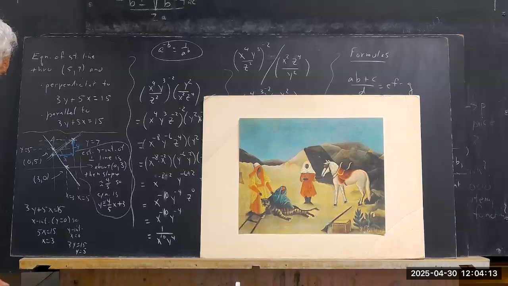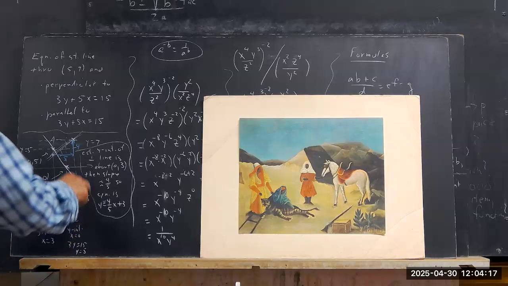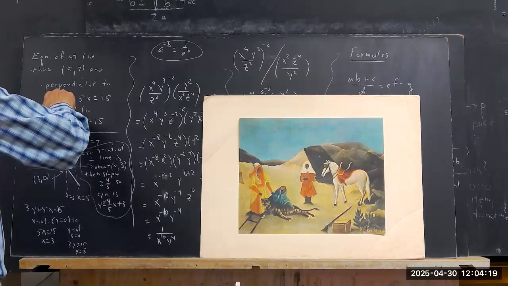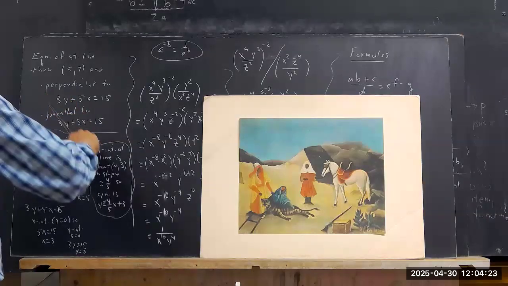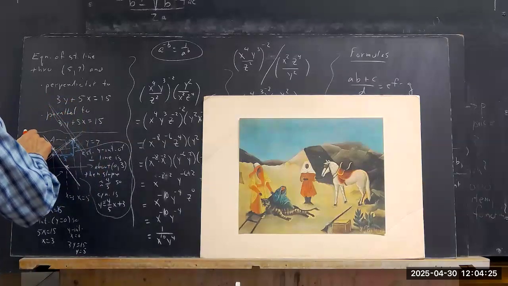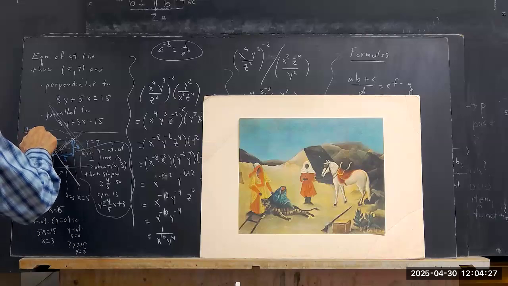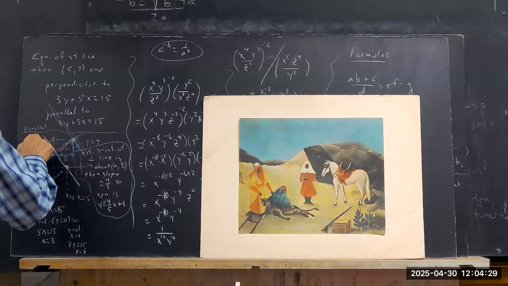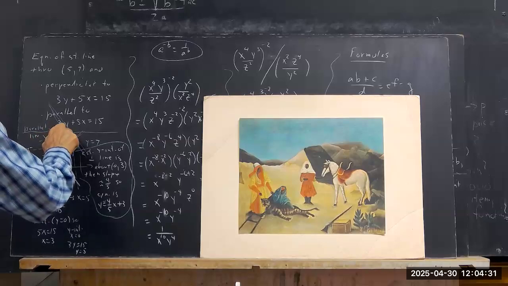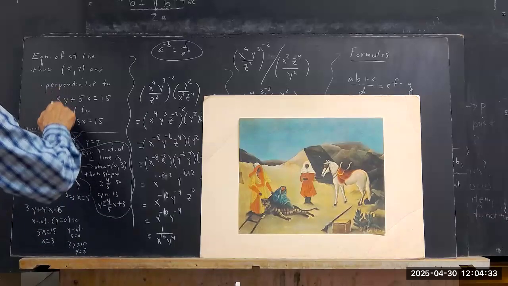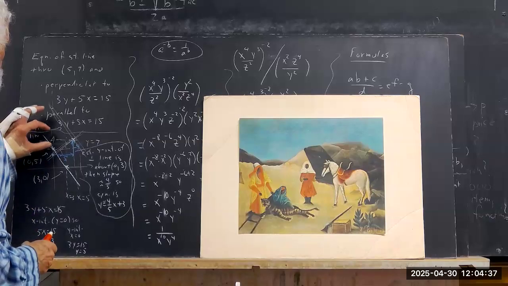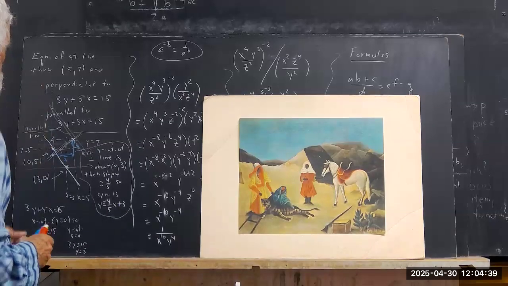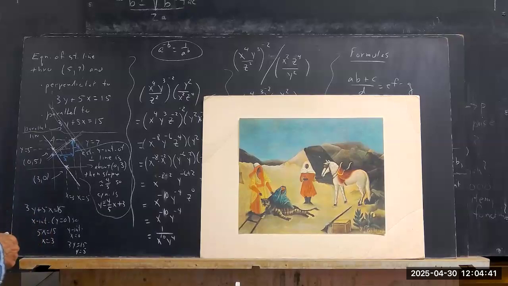Then we could sketch a line parallel. Here's your parallel. Something like this. It's kind of vague, and it looks like the y-intercept is way up here. If this is 5, this is 10, it might be close to 15.